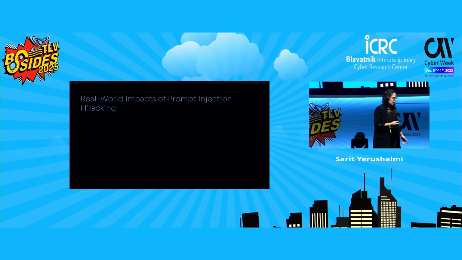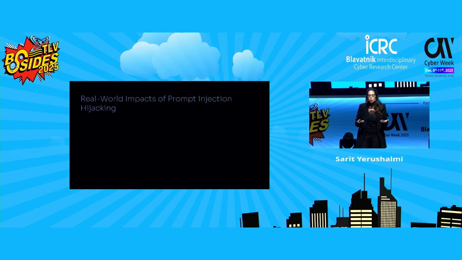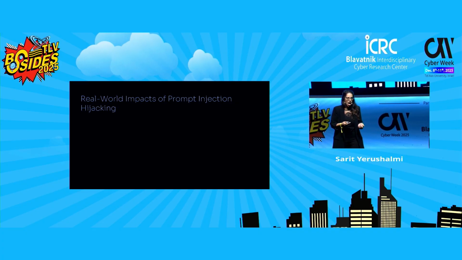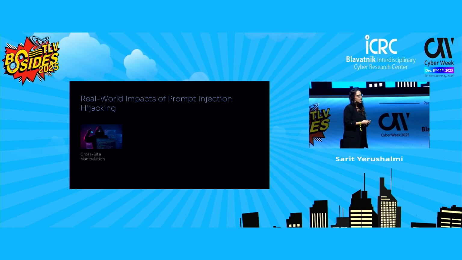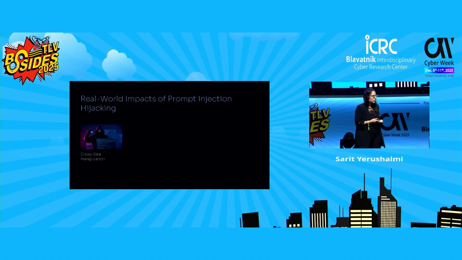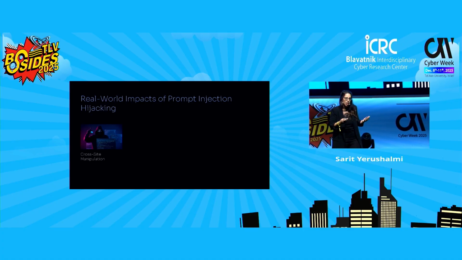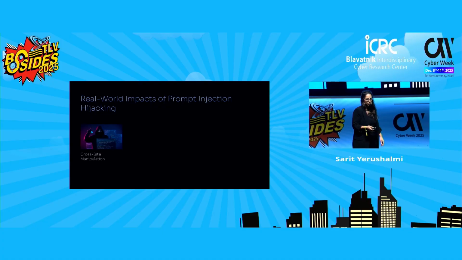So Danny and I wanted to explore what real-world damage prompt injection can cause. One of the most serious impacts is cross-site manipulation. This is where the hijacked agent is pushed into taking actions on other websites, even ones that the user is already authenticated or logged into.